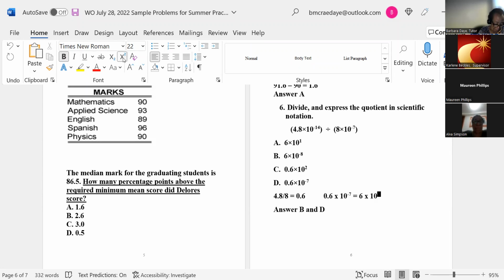If you increase the number that you multiply by the 10, then you decrease the power. If I make this a 6, then -8 is less than -7. So I really had 2 answers there, B and D. That wasn't intentional.